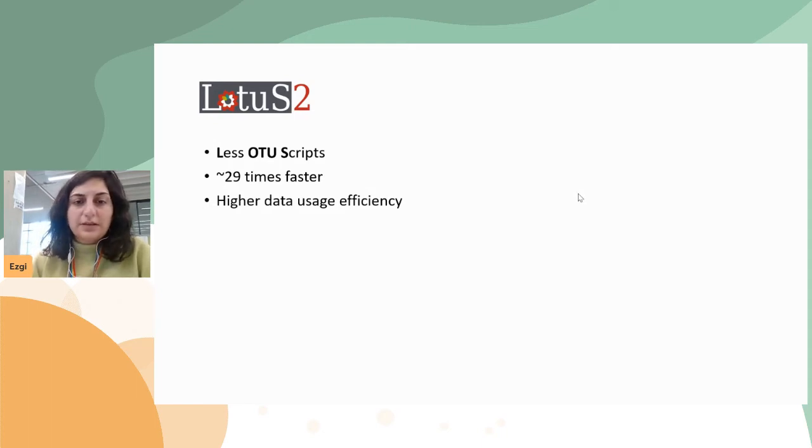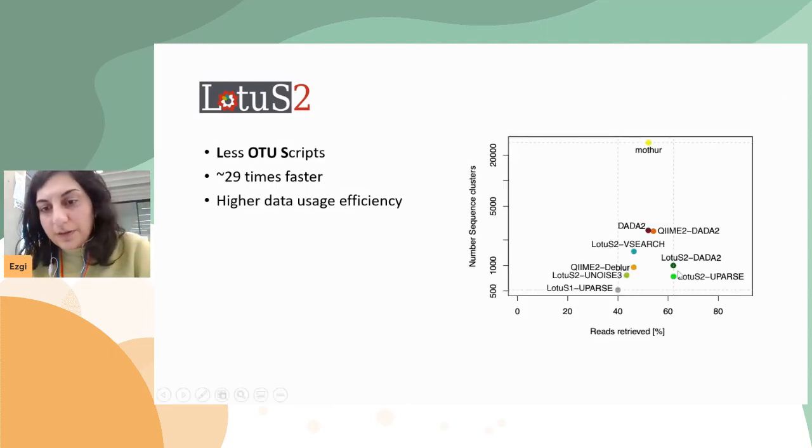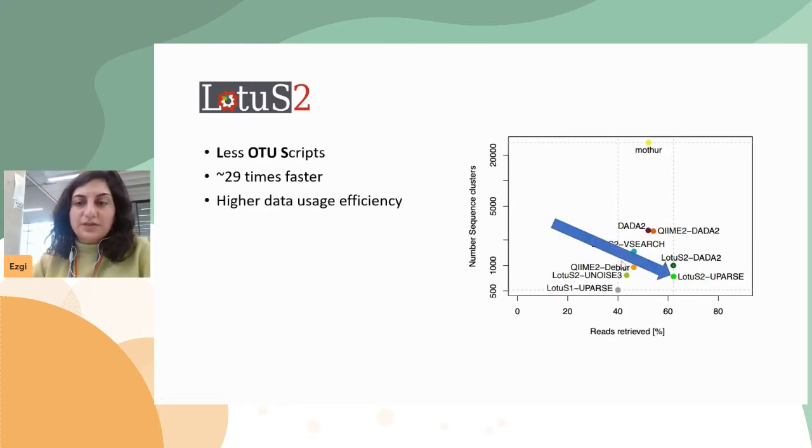So a higher number of retrieved sequence counts versus less biodiversity should be the optimal point for data usage efficiency. To benchmark this, we compared the percentage of reads retrieved by each pipeline versus the biodiversity generated at the end of the analysis. LotuS2 was at the optimal point in data usage efficiency. So this means not only was LotuS2 completing the analysis in shorter time, but it was also using the most of the data.